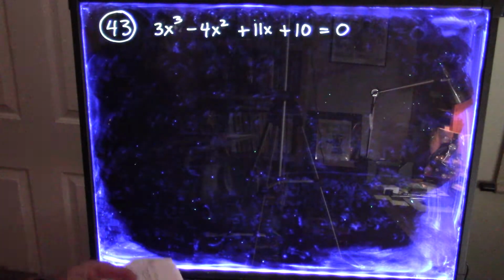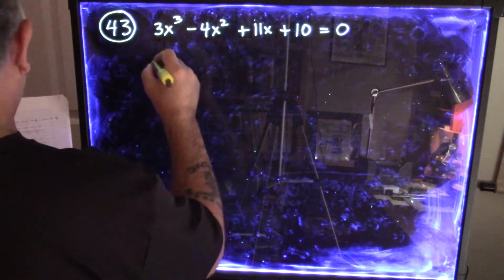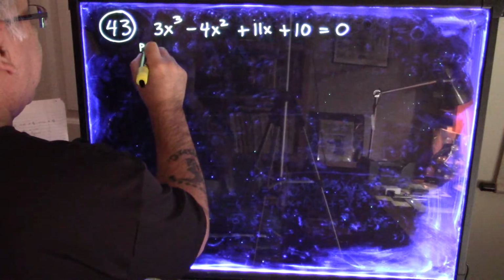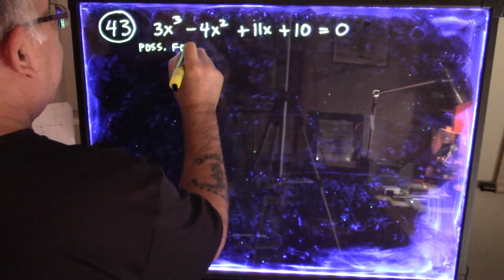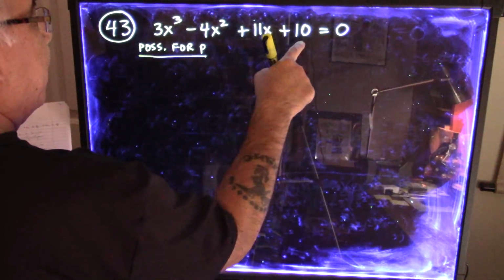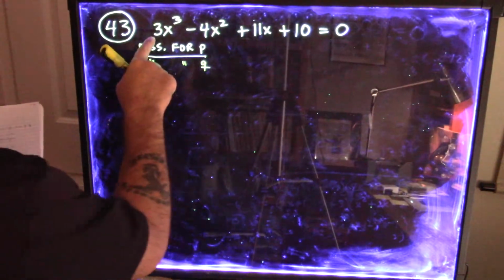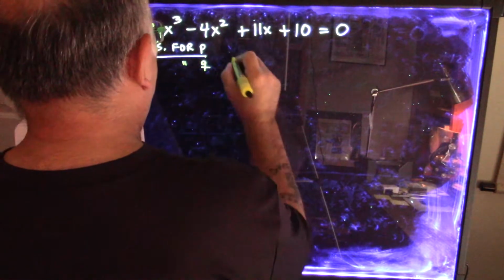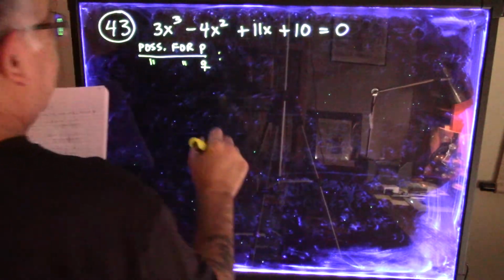Number 43. So here's our equation, and we'll put the possibilities for P, which would be the factors of 10, and the possibilities for Q, which would be the factors of the leading coefficient, 3.